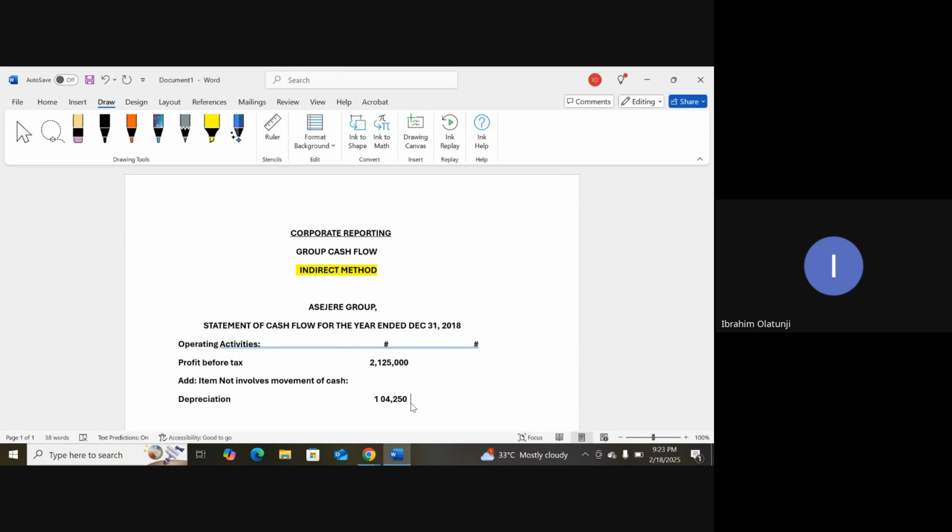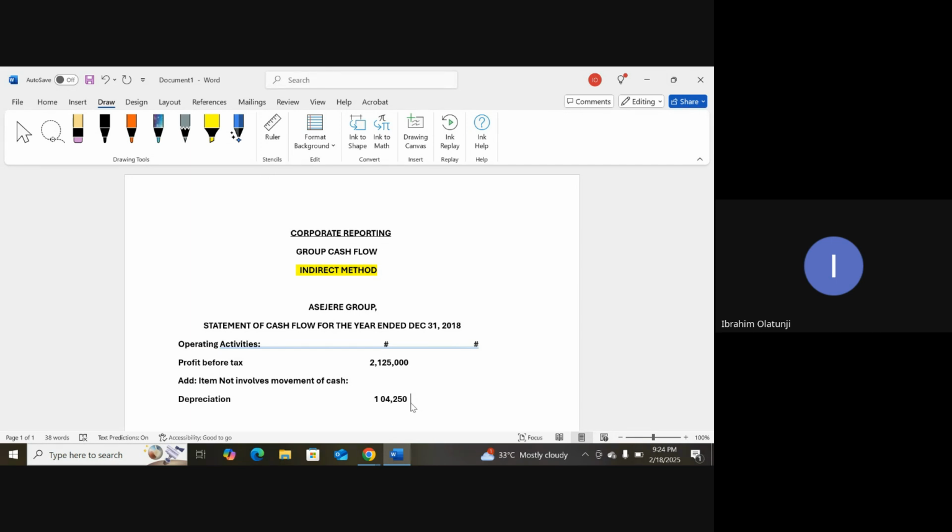But if it is profit, then we deduct that profit, like the example that I gave, profit on disposal. So that is the number one.